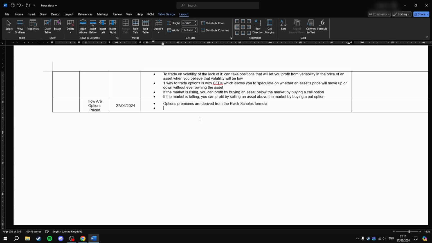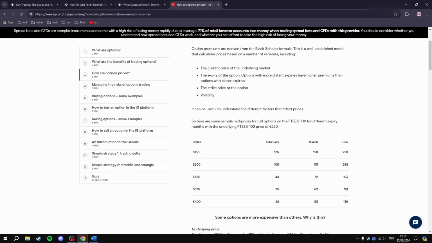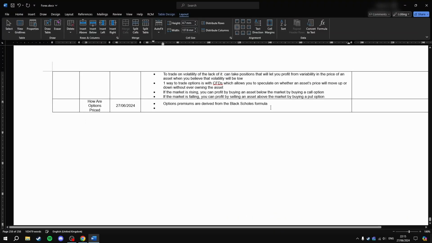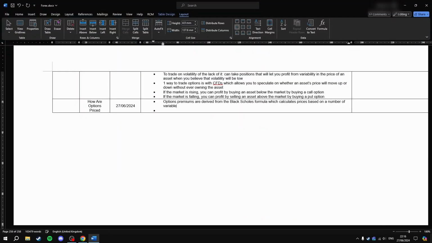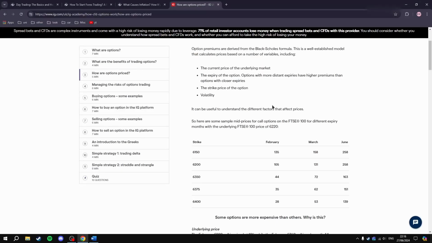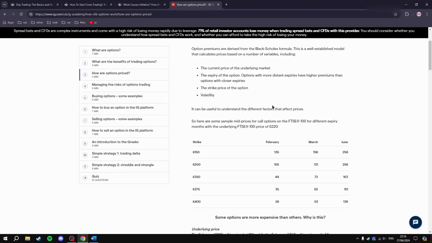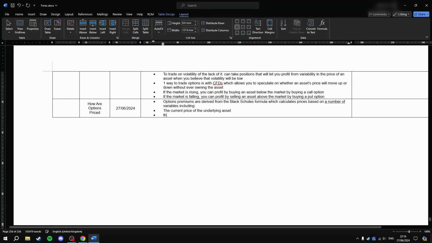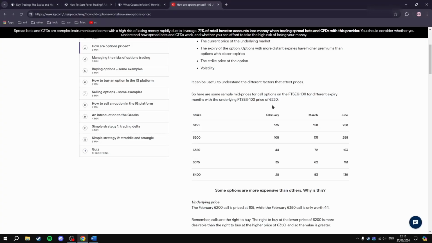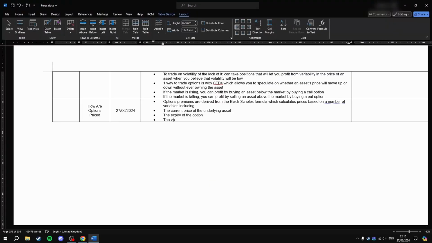Scholes formula, which calculates prices based on a number of variables, including the current price of the underlying asset, the expiry of the option, the strike price of the option, and volatility.